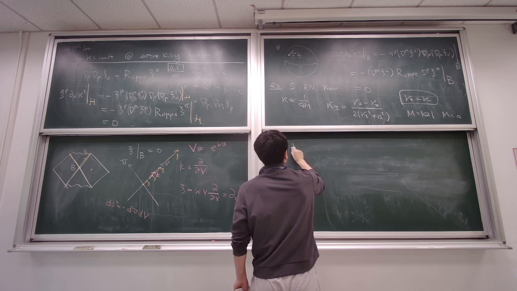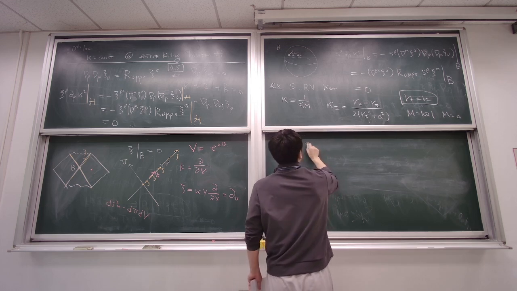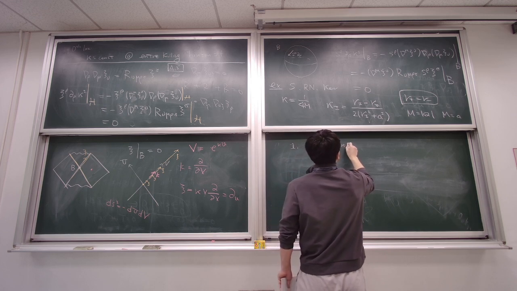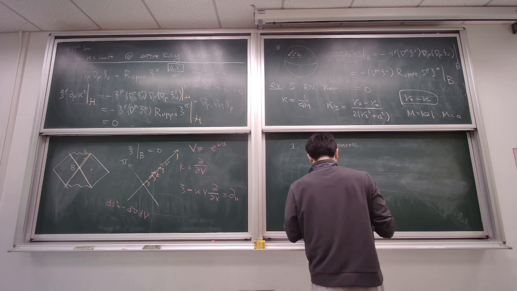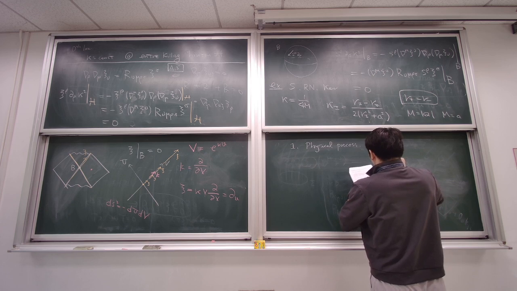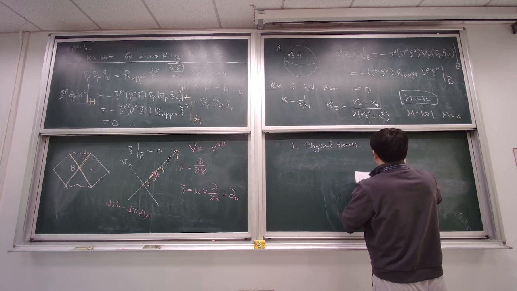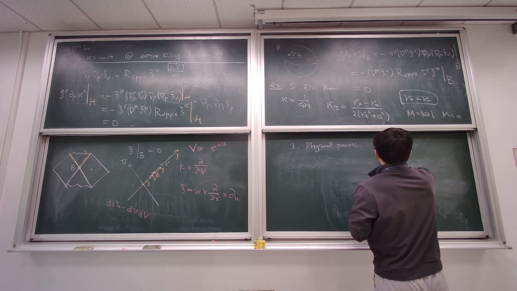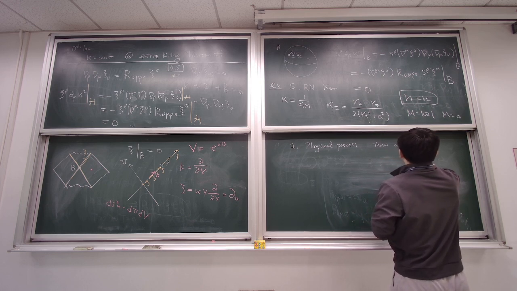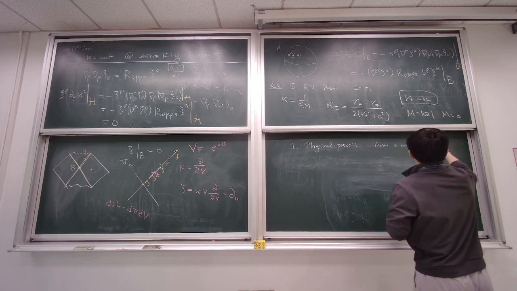So the first way is the so-called physical process, throwing a matter into a Kerr black hole.